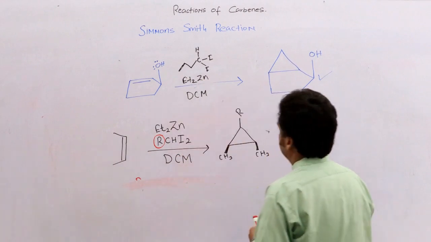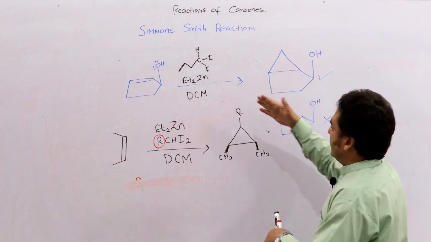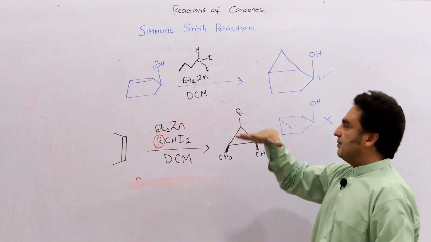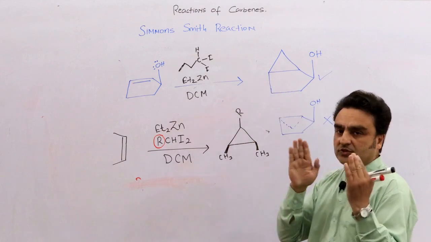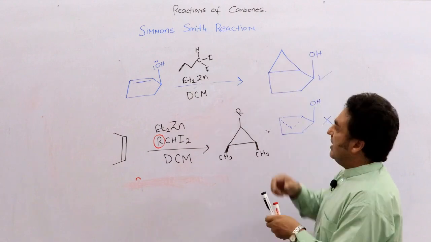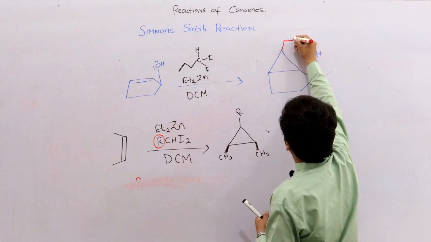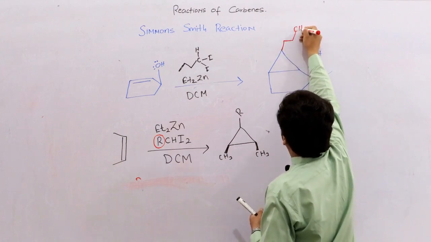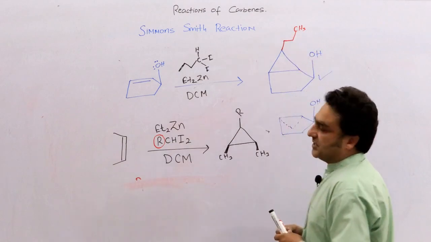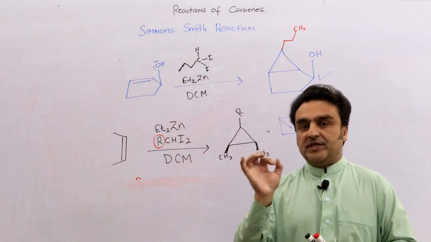What will happen now? The product will be the same, because again you are involving the metal, so the ring will be formed on the side where the OH is present. The OH is above, so the ring will be above. But now you have another important thing: a substituted cyclopropane ring is made. So it is a very important reaction.